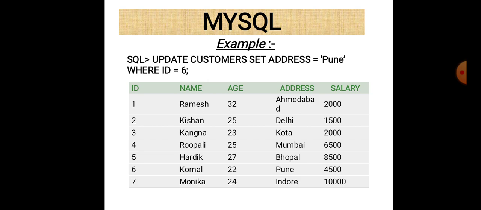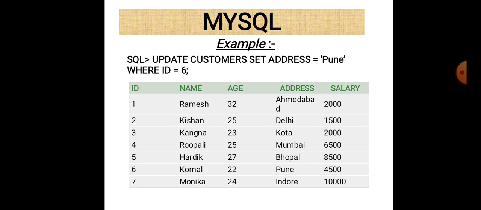or we can say to update the record of Komal, then we write update, the name of the table, customers, then after the keyword set, the column name address, and we give the new value. Pune is a string, so we write it in quotation marks. Here we write Pune in single quotation marks. After that, a condition.